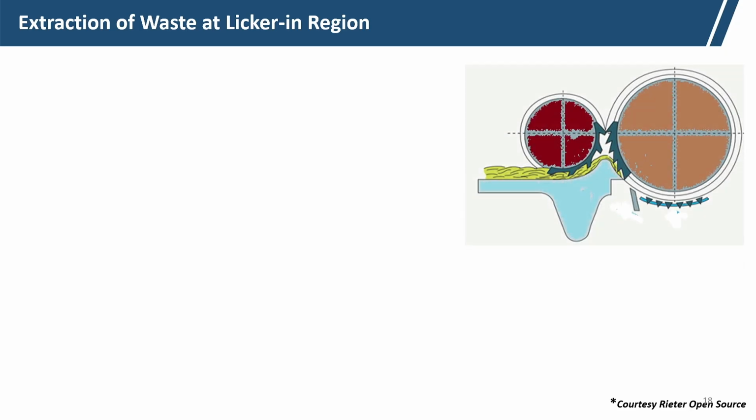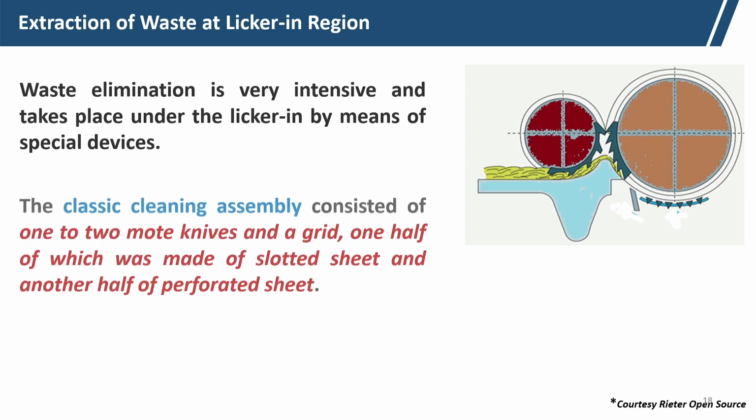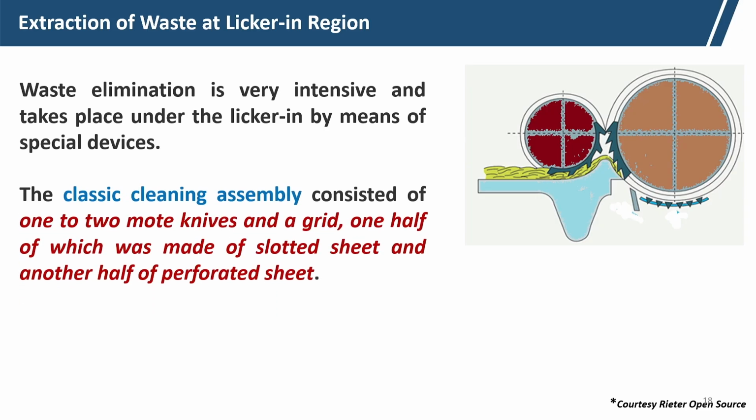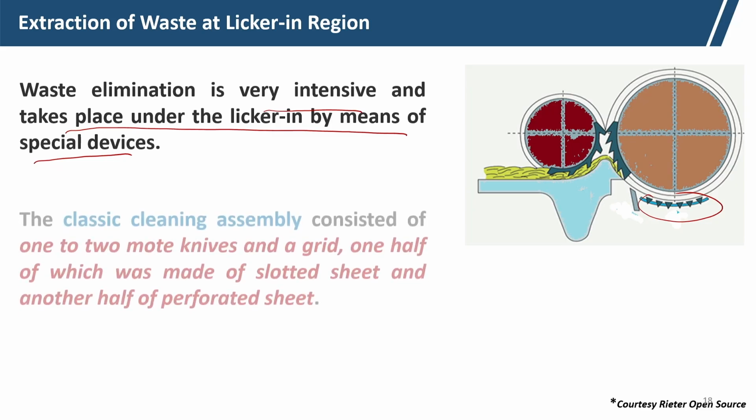And now, let us see how to extract the waste at the licker-in zone. The waste is eliminated in the licker-in zone. The waste elimination is very intensive here and takes place under the licker-in by means of special devices. These are the special devices, grid bars are there. Okay.